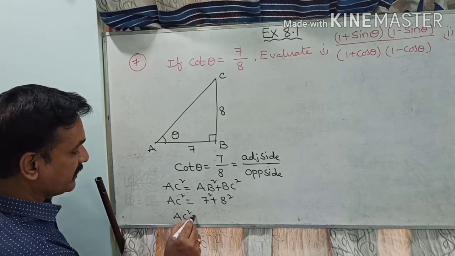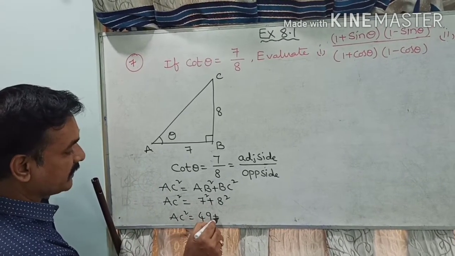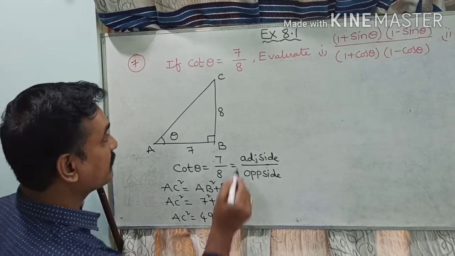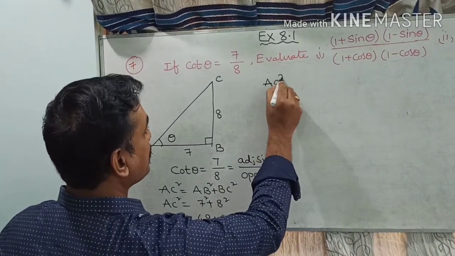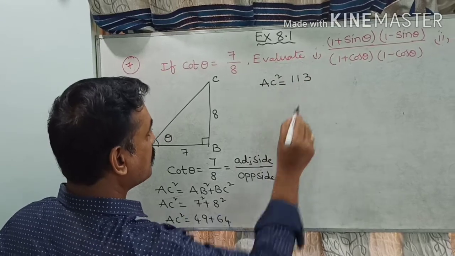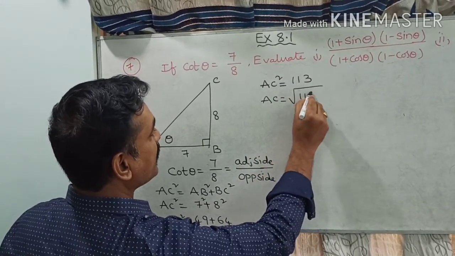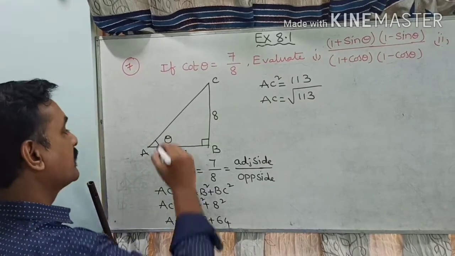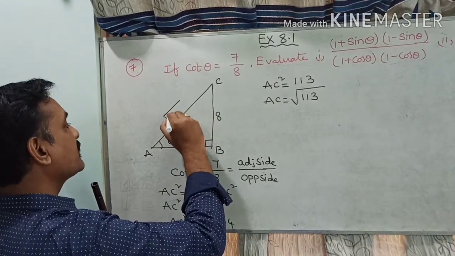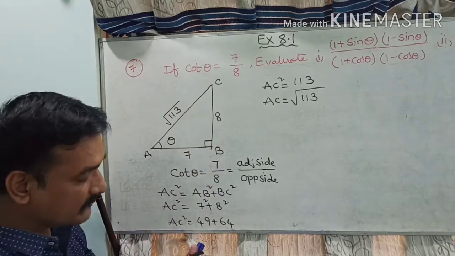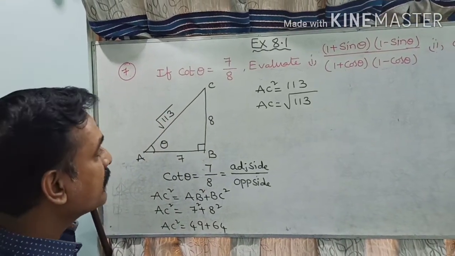So AC square equals 49 plus 64, so AC square equals 113 and AC equals square root of 113. Now we got the hypotenuse, square root of 113. Now question number 1.